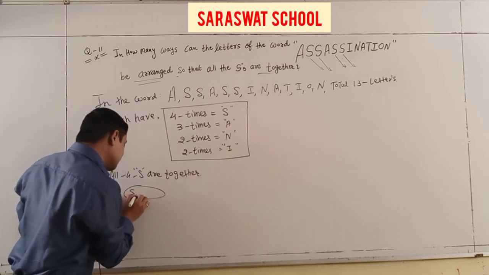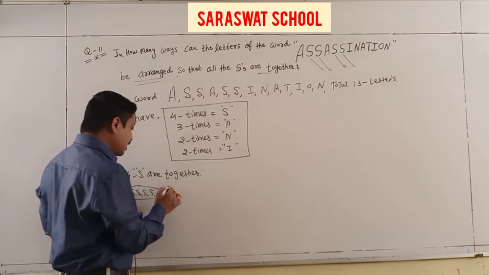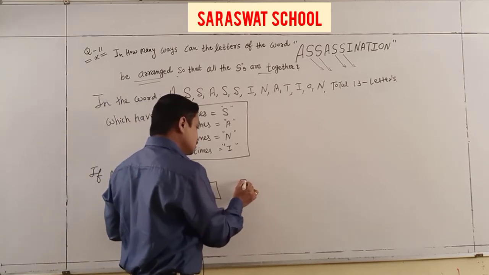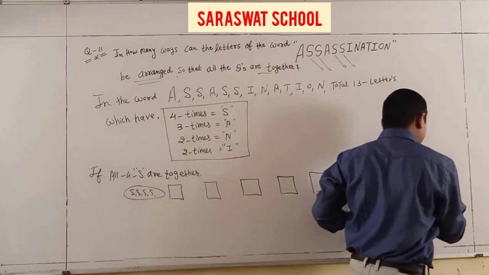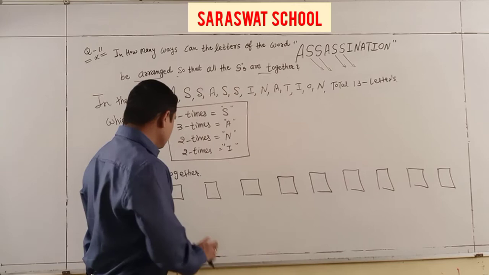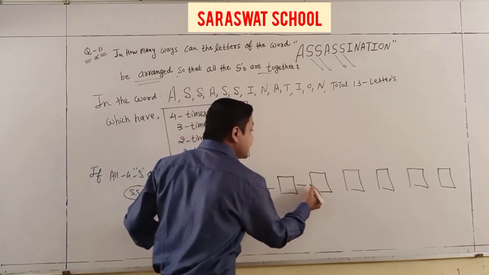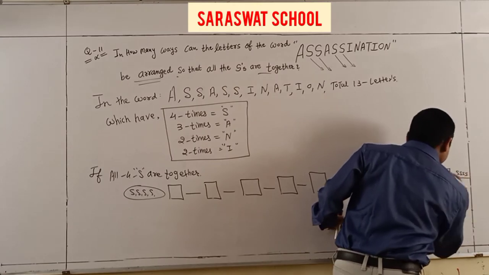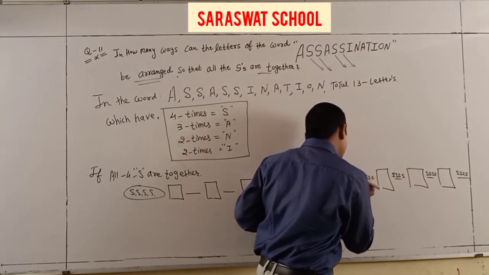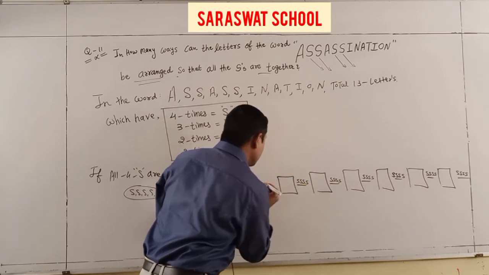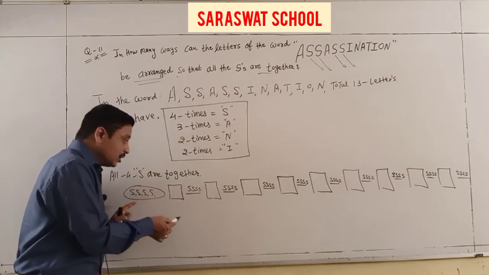These are all S. The others: total 13, minus 4, so remaining are 9. 1, 2, 3, 4, 5, 6, 7, 8, 9 are the other letters. I write them with spaces between, and the group of 4 S can be placed here, or here, or here, either this or that.